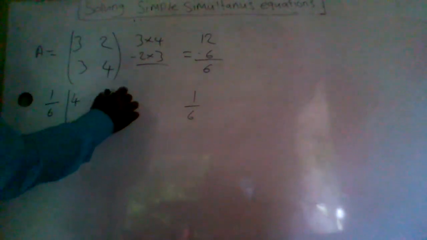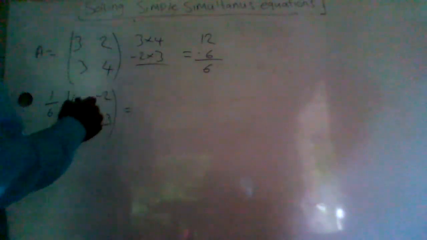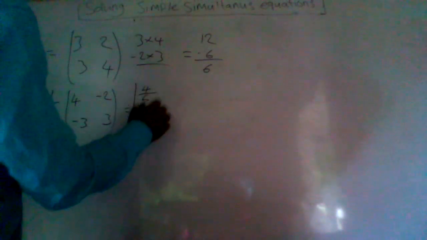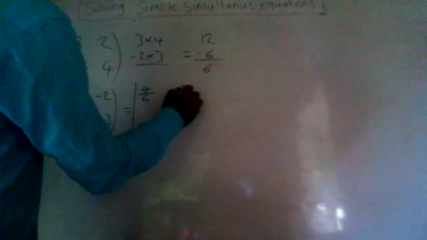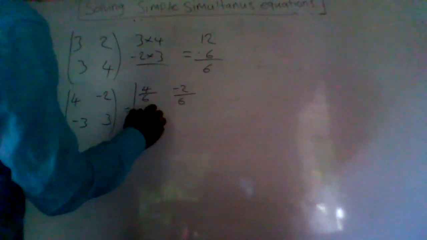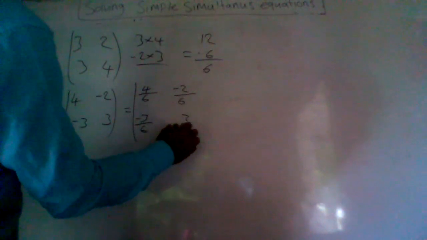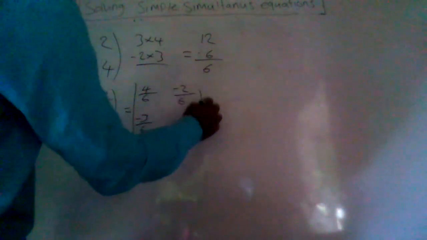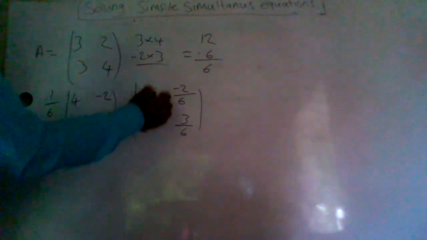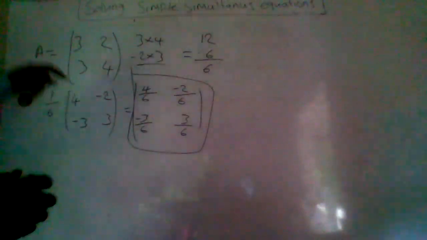In this case, it will be equal to 4 divided by 6, negative 2 over 6, negative 3 over 6, and 3 over 6. So that will be the inverse of the matrix.